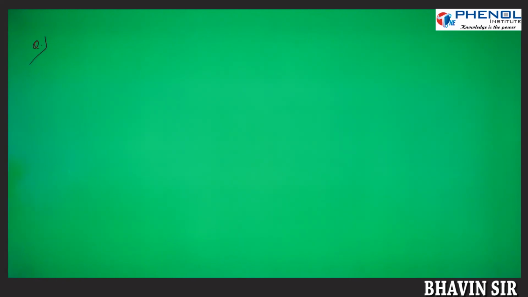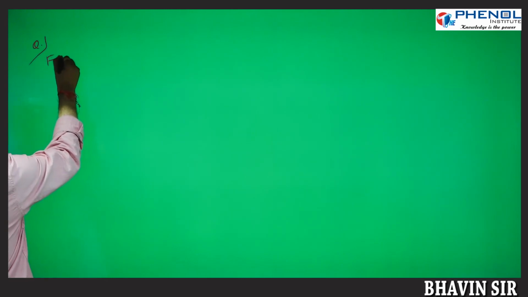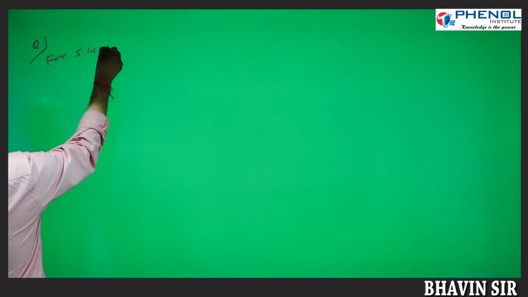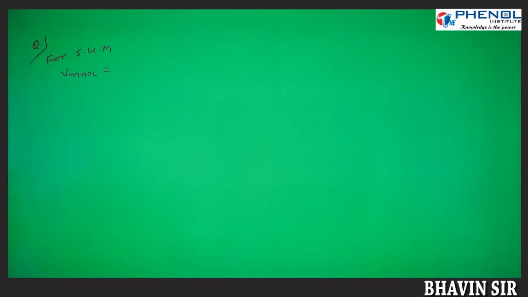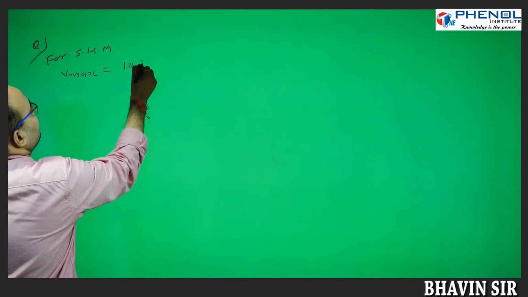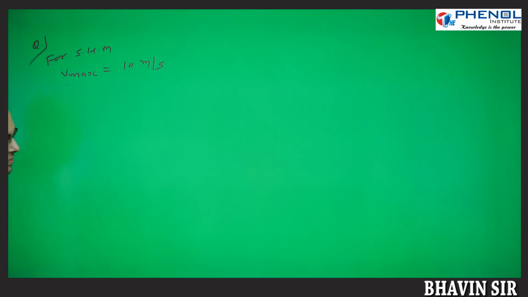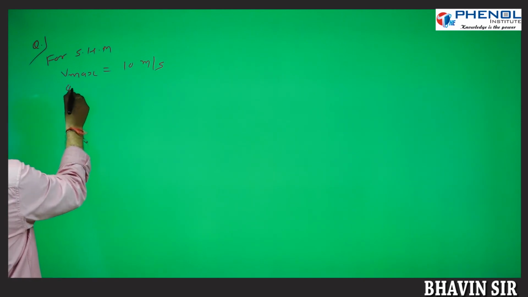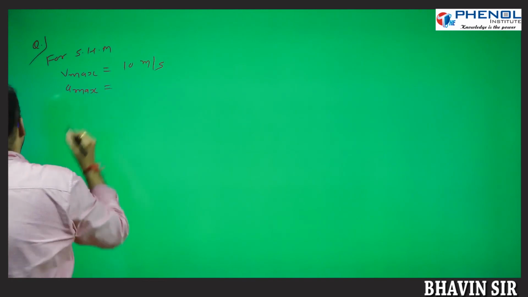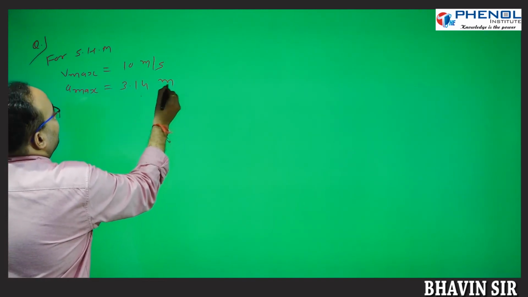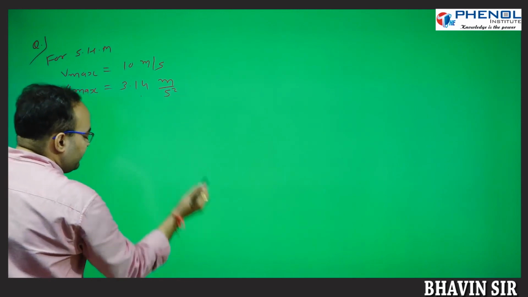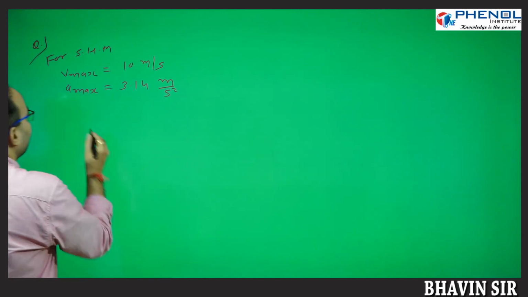For SHM, the maximum velocity is 10 meter per second. For SHM, what is the maximum velocity? 10 meter per second. And what is the maximum acceleration? 3.14 meter per second square.